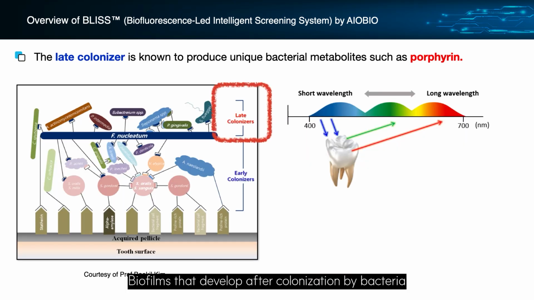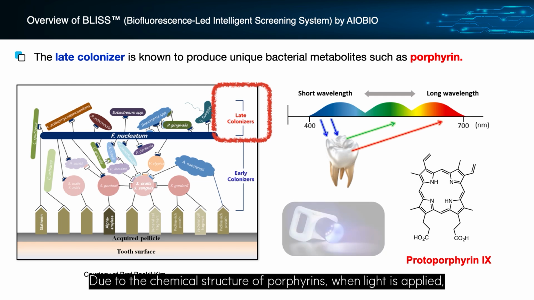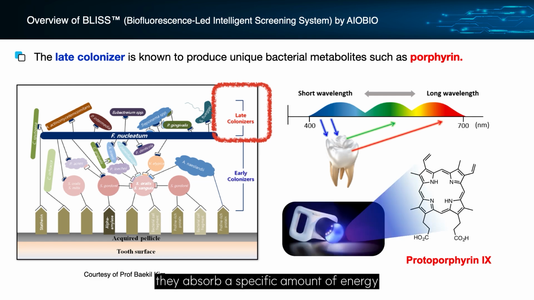Eliminating this kind of inconvenience is one of our biggest advantages. Biofilms that develop after colonization by bacteria, such as Fusobacterium, known as late colonizers, are characterized by the presence of porphyrins. Due to the chemical structure of porphyrins, when light is applied, they absorb a specific amount of energy, and the excess energy is emitted as long wavelength red fluorescence.